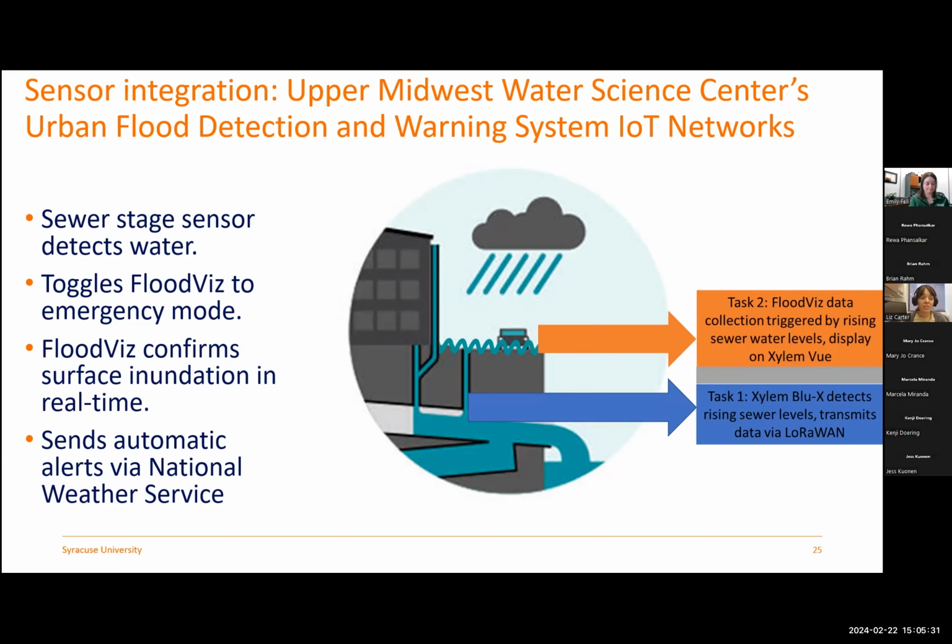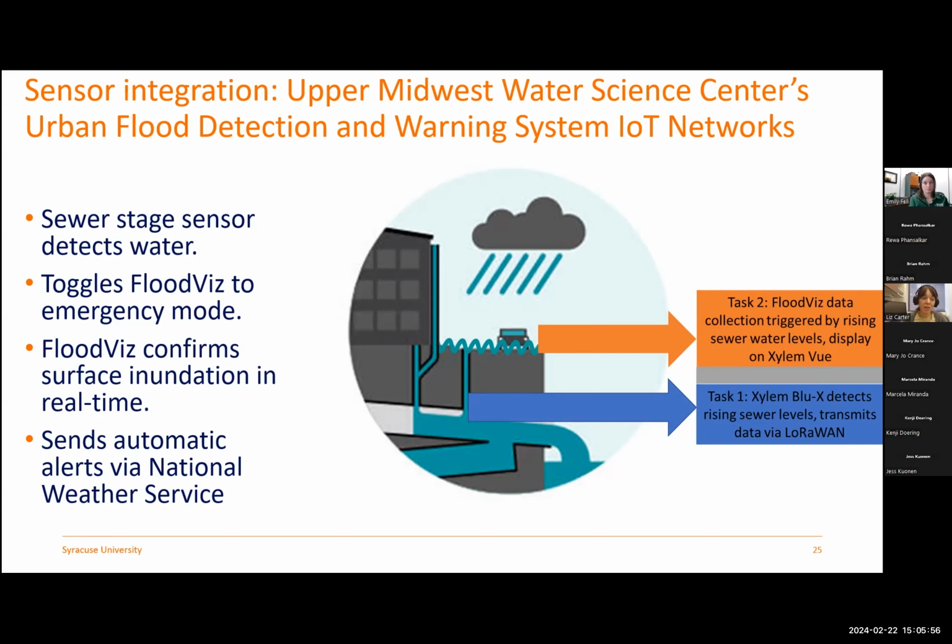So we are currently synchronizing our flood mapping sensors with stormwater sewer stage sensors, so that these can work together and be able to detect water both above and below ground without using a lot of power to do so.